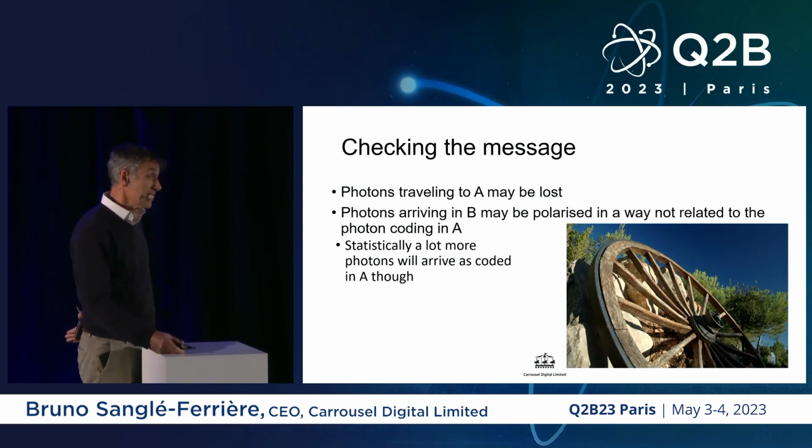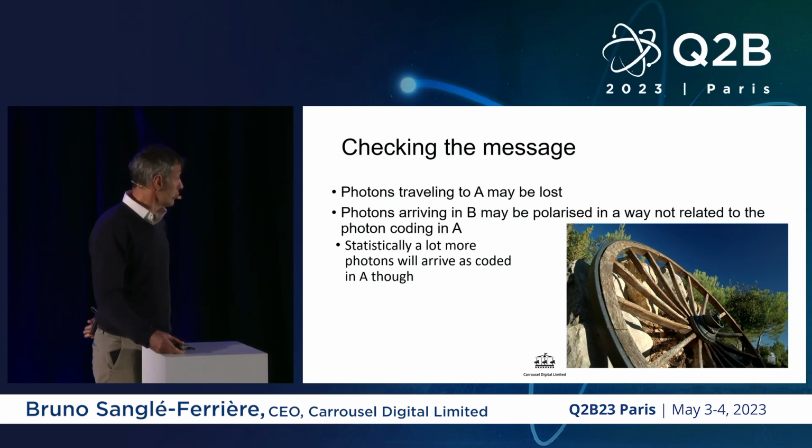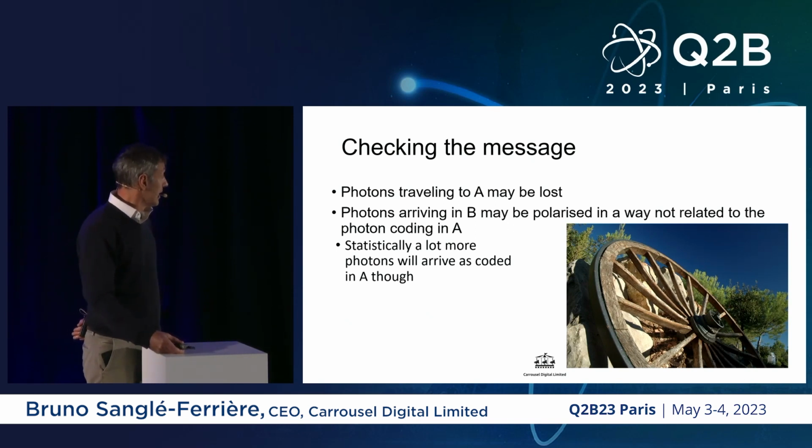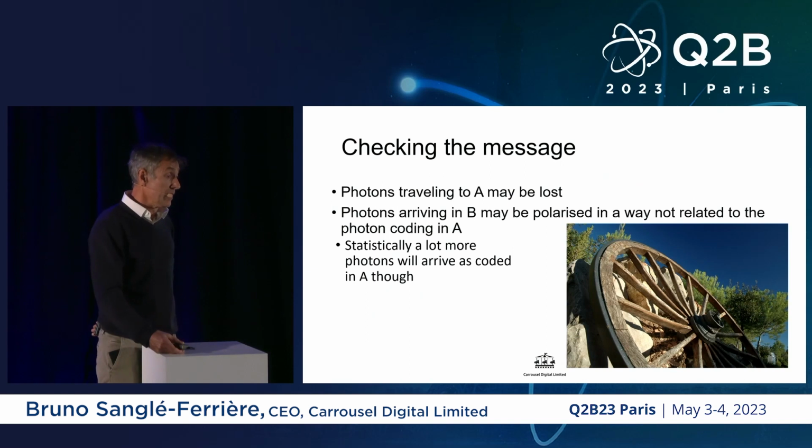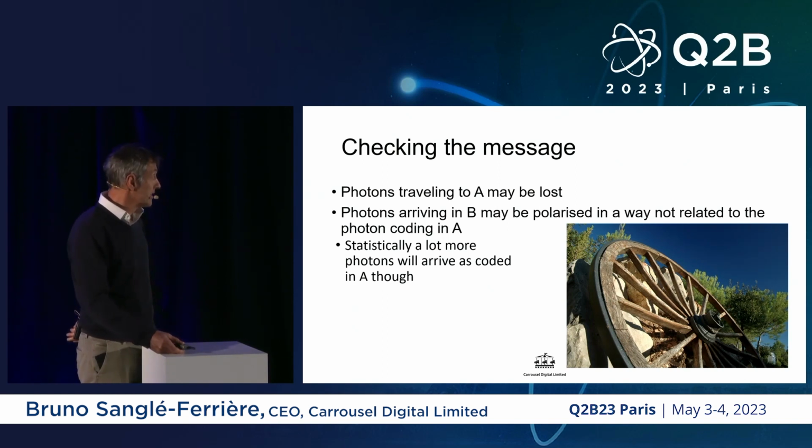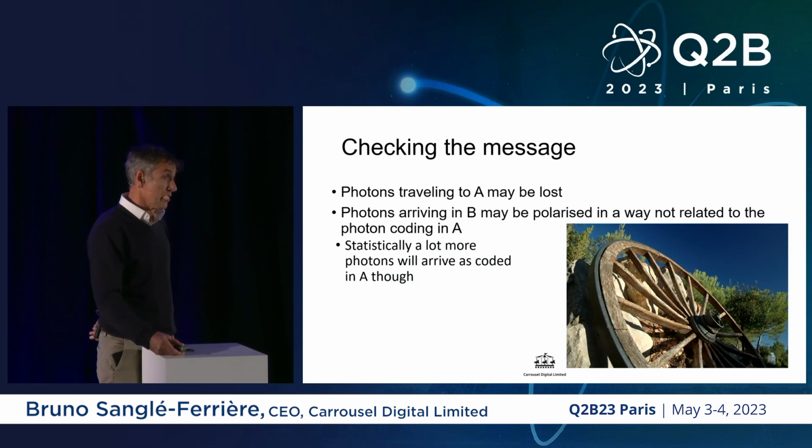However, statistically, a lot more photons will be arriving in B in the polarization that was set in A. Actually, we fix a trigger and we count the number of photons arriving. And if we see within 100 successive arriving photons, let's say 6 photons with the same polarization, we can deduce with a good probability that this is the letter that was sent.